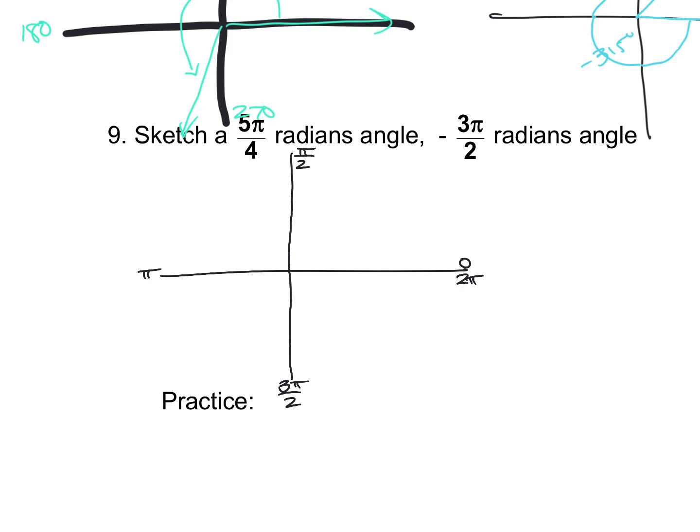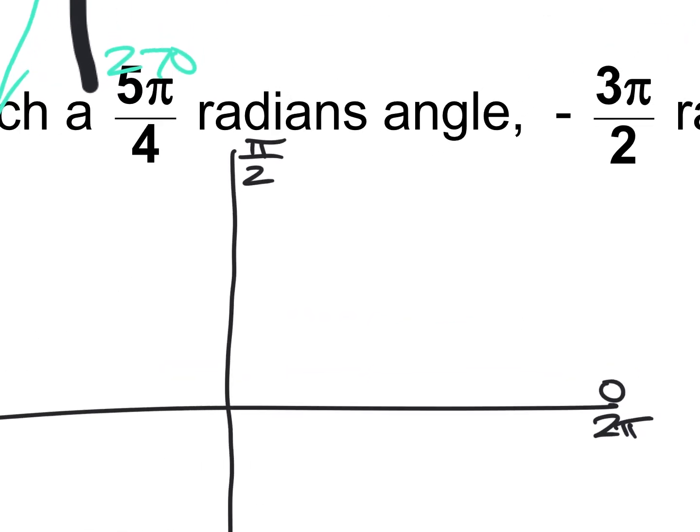Now, the pi's throw us off, but when everything has a pi in it, couldn't I just think about the numbers and ignore the pi's? And that's exactly what we're going to do. So when you see pi over 2, I want you to think about that more like 1/2 or 0.5.